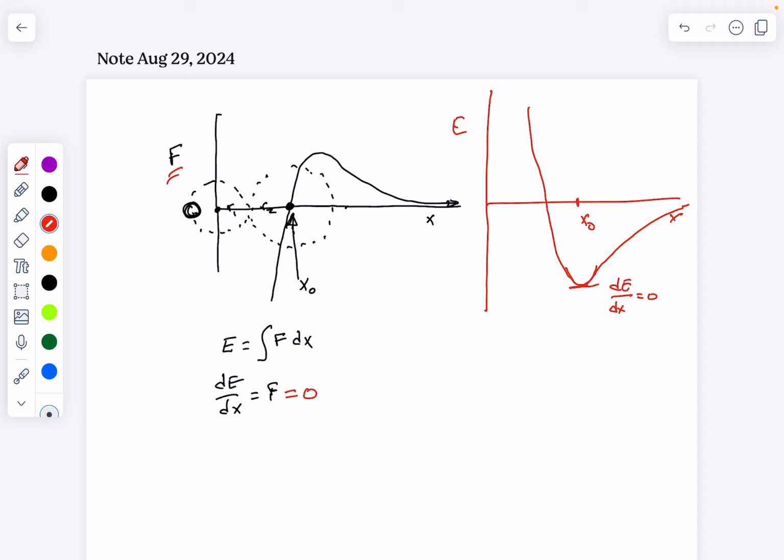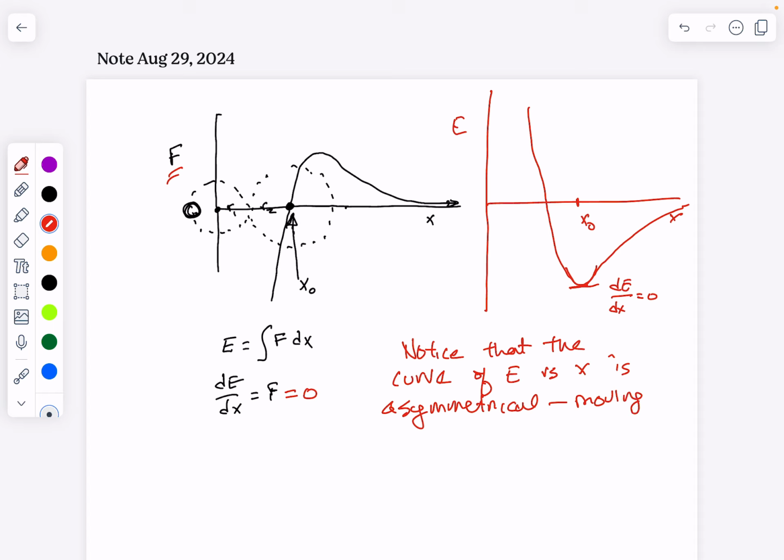Notice that the curve of E versus x is asymmetrical, moving to greater distances more slowly than to the left or shorter distances.